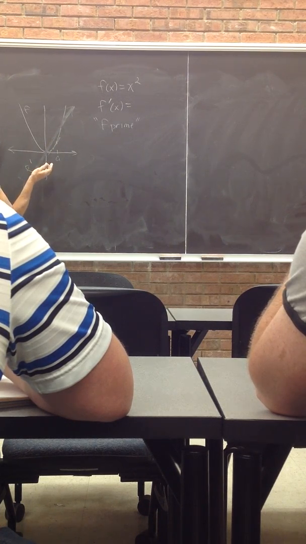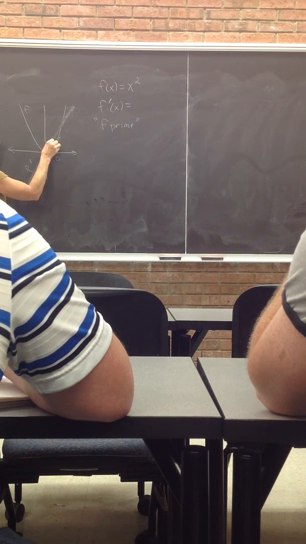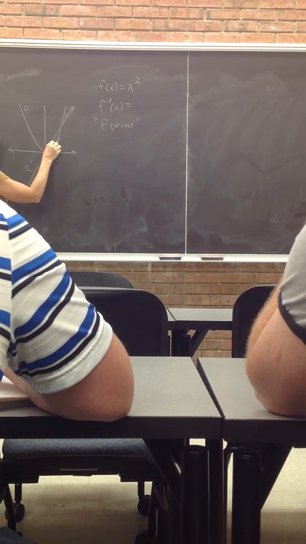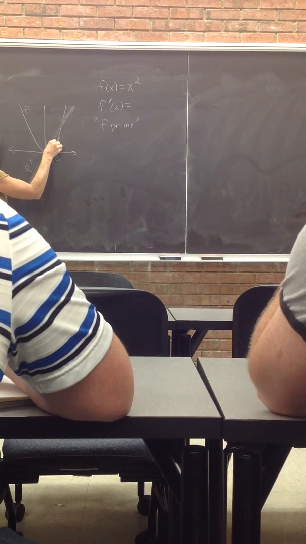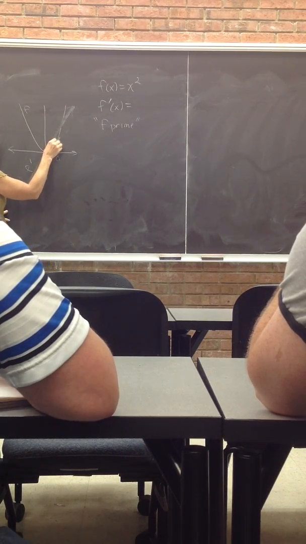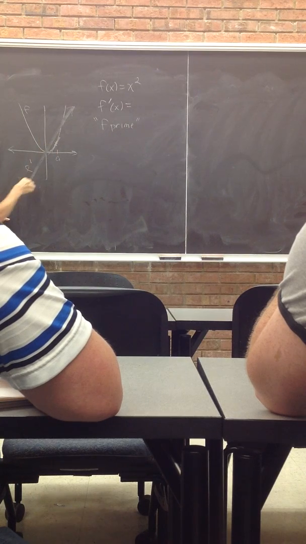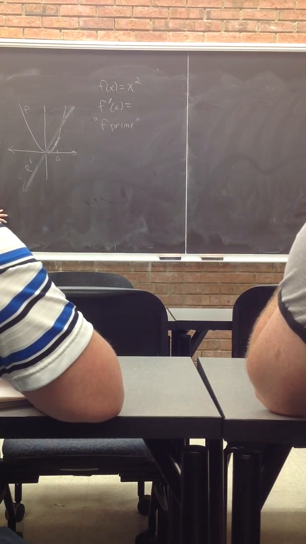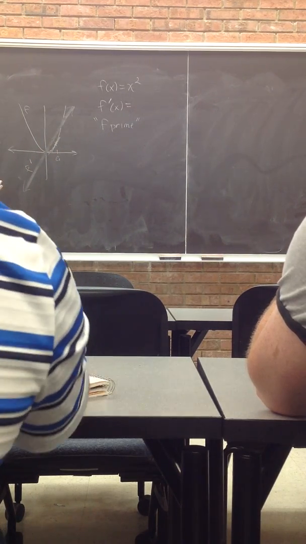That would be a pretty good estimate. But then your buddy might say, well, I can find a point that's even closer. And so if I then find the slope between those 2 points, that's an even better estimate. And then a third person might say, well, wait a minute, I found this point, it's even closer. And so the line between those 2 points would be an even better estimate. And so on and so on and so on.